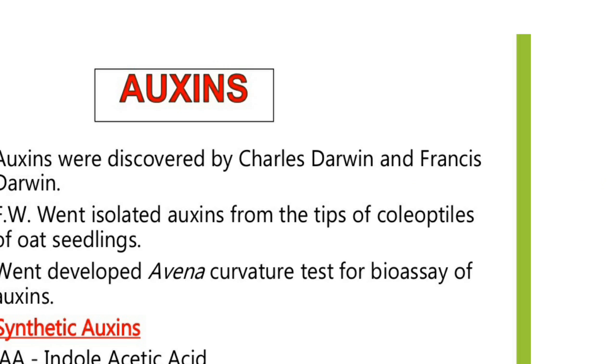Auxins, that is a growth promoter hormone, were first discovered by Charles Darwin and Francis Darwin. F.W. Went isolated auxins from the tips of coleoptiles of oat seeds. Went developed the Avena curvature test for bioassay of auxin. Synthetic auxin is indole acetic acid, IAA.